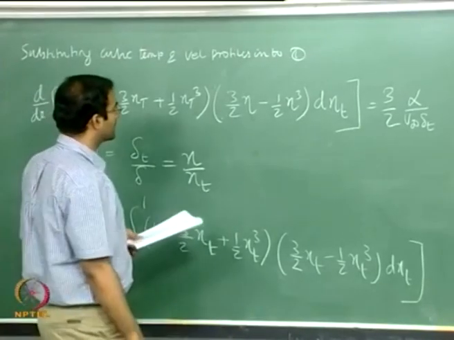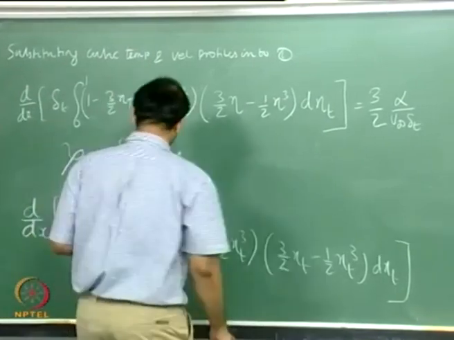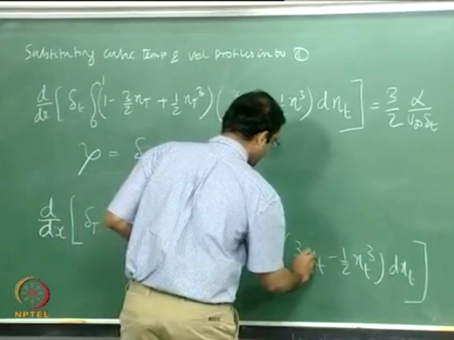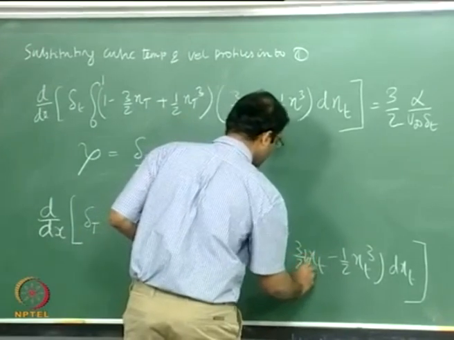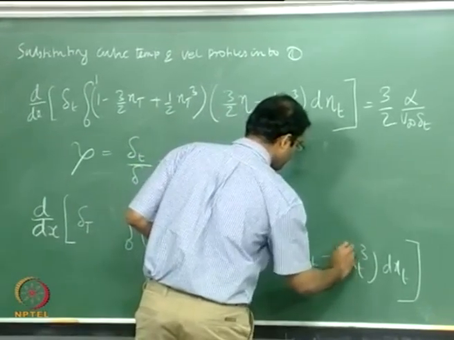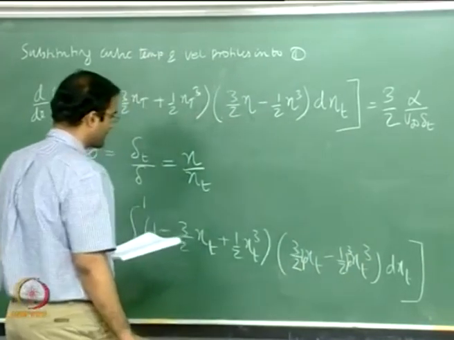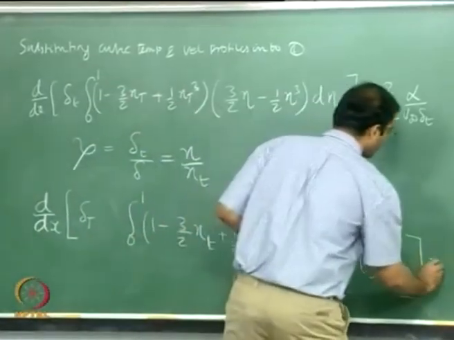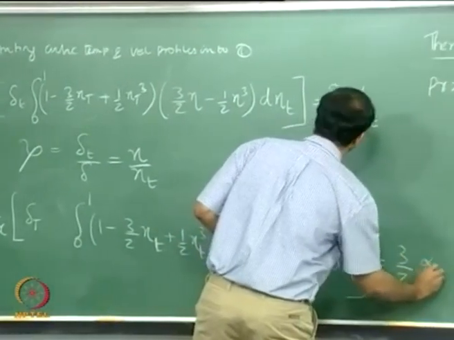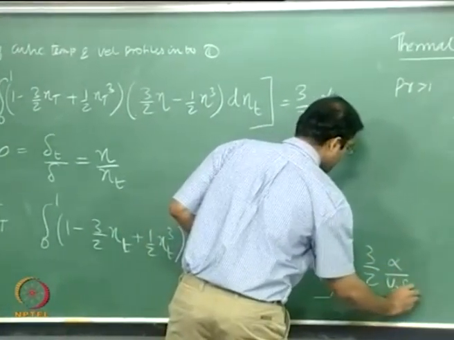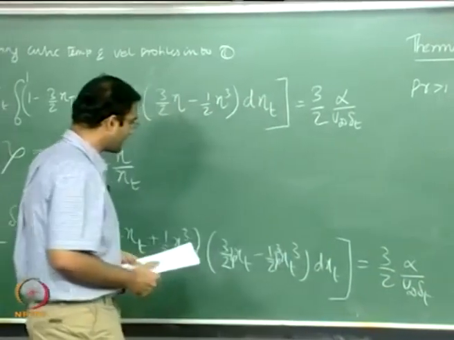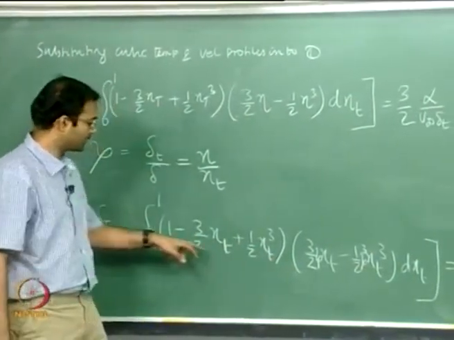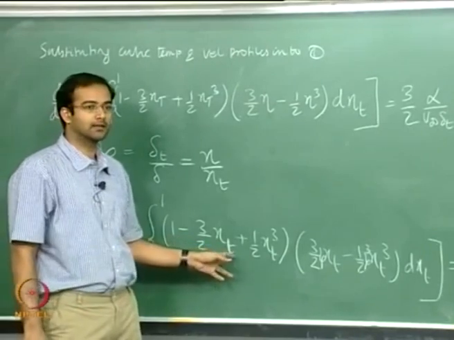So okay, this should actually be written as, yeah, so this is zeta here, this should be zeta cube. Okay, so I just skipped one more step. Okay, so on this side you can retain the terms as it is. So now you can integrate it from 0 to 1, so integrate it with respect to eta t.